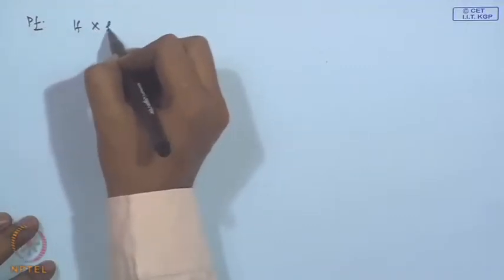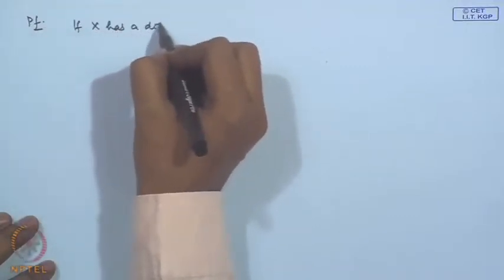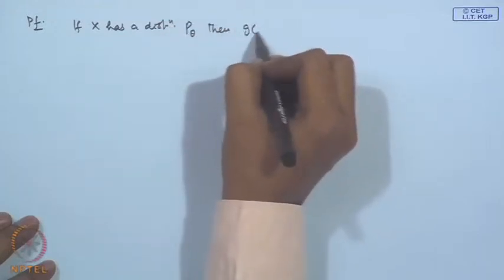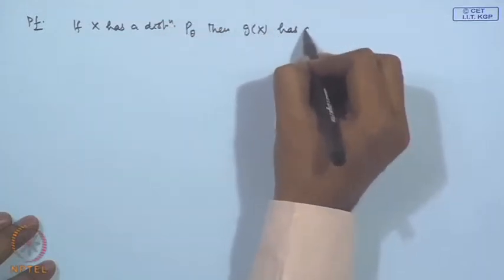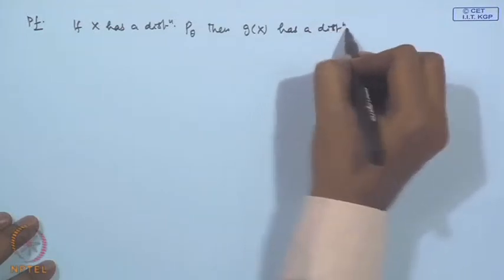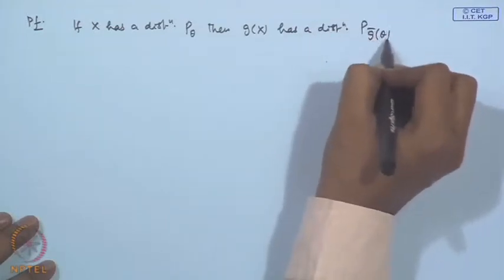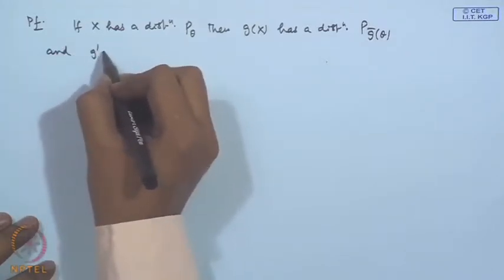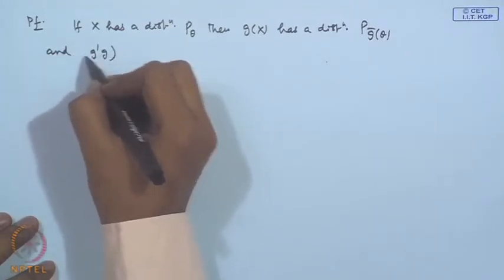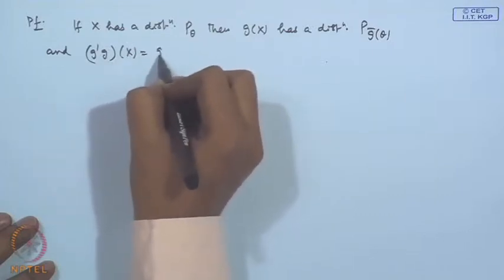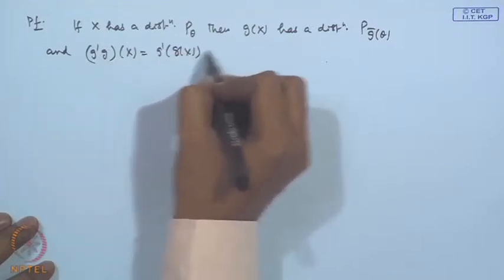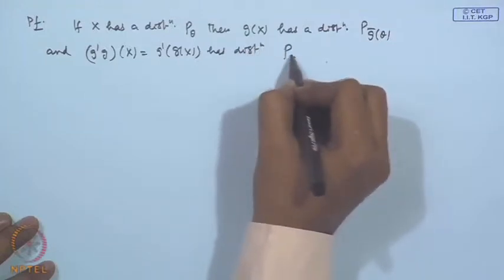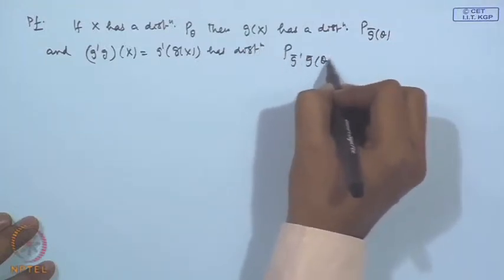If x has a distribution say p theta, then g x has a distribution p g bar theta, and g prime g of x, that is equal to g prime of g of x, has distribution p g prime bar g bar of theta.